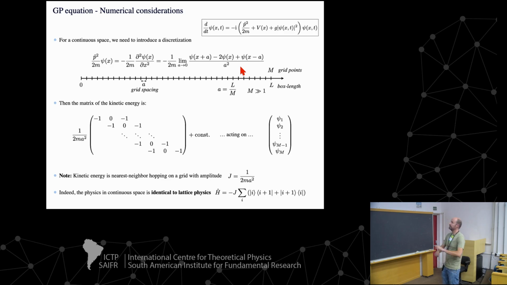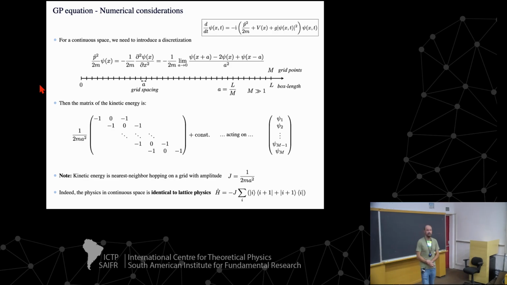And then if I write this in a matrix form, if I define my state to be defined at these certain points, so I call it psi 1, psi 2, and so on up to psi m, then I find that this kinetic energy operator is this tridiagonal matrix. And that's kind of funny, conceptually even, because what this means is that kinetic energy in continuous space, if I put it on a grid, is really just the hopping of an excitation from one site to the next.